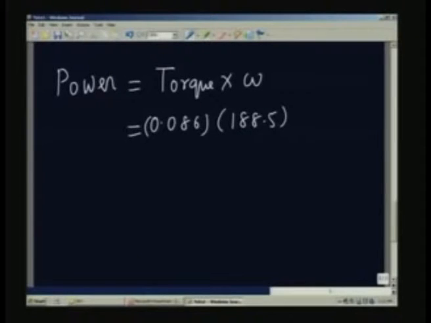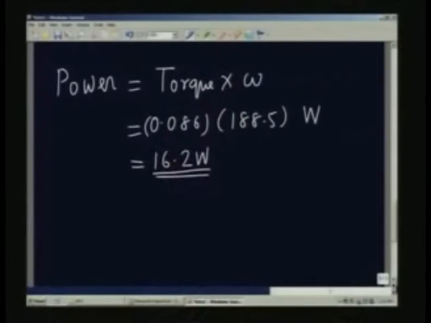So, it will be Newton meter per second, which will be nothing but watts, and this comes to 16.2 watts. So, in the case of a viscometer having linseed oil in the gap, it requires about 16.2 watts, or so much of power is dissipated because of the friction, because of viscosity of the fluid, and I am rotating it at 1800 rpm.